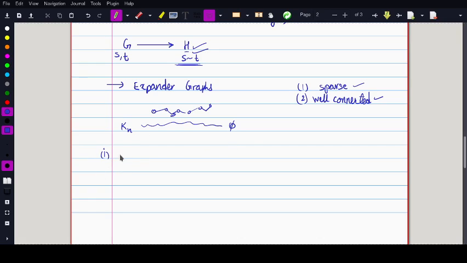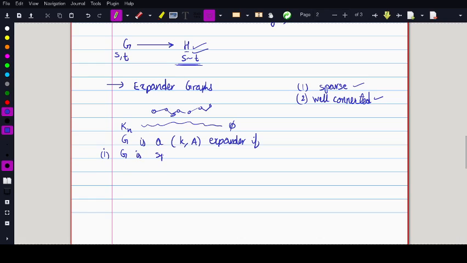So now we have the formal definition. We say that a graph G is a (K, A) expander if we have two properties. First property is that the graph is sparse, and by sparseness we give a formal definition, that there exists an integer d.